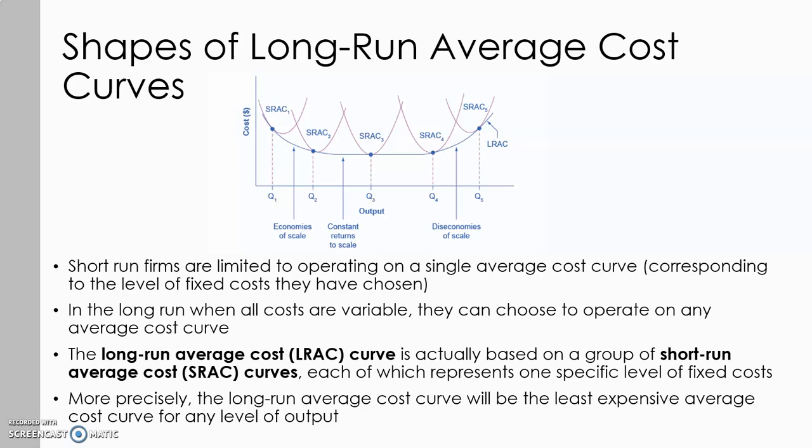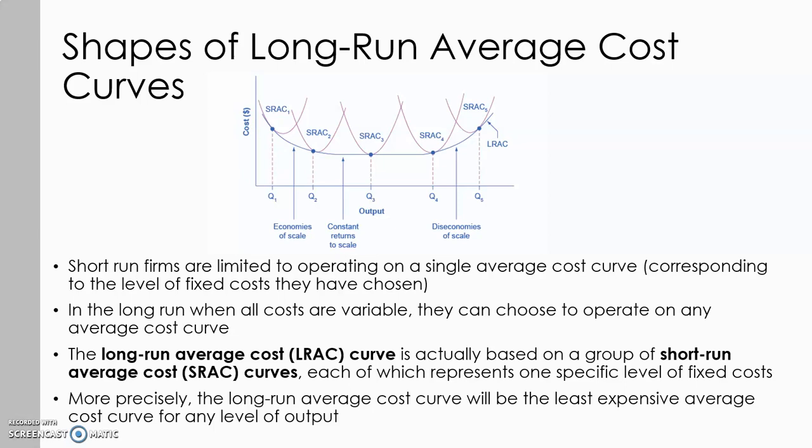Short-run firms are on a single average cost curve because they're limited by the amount of capital that they have. But in the long run, firms can choose from different production technologies, and they're not limited by the amount of capital that they have because capital becomes variable. So the long run average cost curve is based on a bunch of different short-run average cost curves, and it's enveloped by them below.